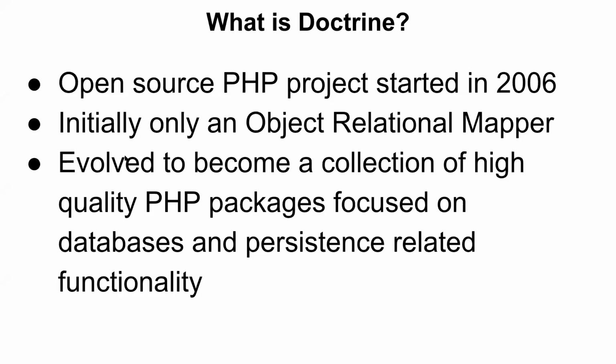For example, the Doctrine annotations project, which is what we use for mapping information in the ORM on doc blocks, that gets utilized in Symfony and several other popular open source projects. So it's evolved very much from one single project to an organization with many open source projects underneath the Doctrine project umbrella.